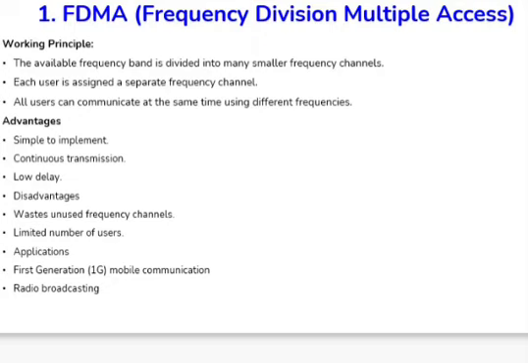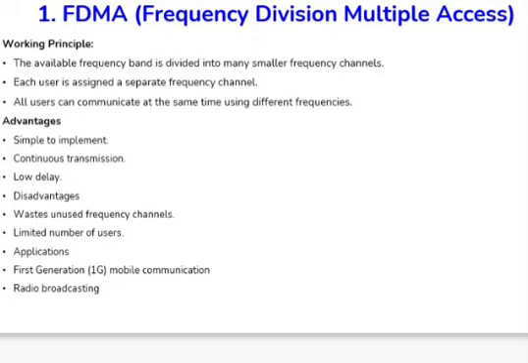How does FDMA work? Let us see that. Suppose the total available frequency is 20 megahertz. It's divided into four channels. So, four users A, B, C, D. All the four users use 5 megahertz. User A always uses the first frequency channel.